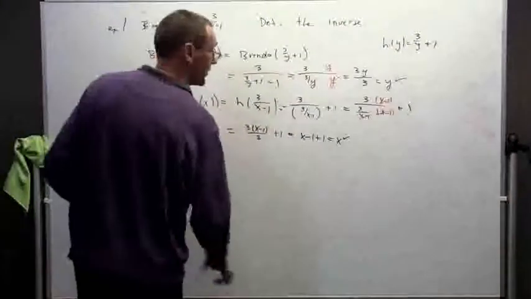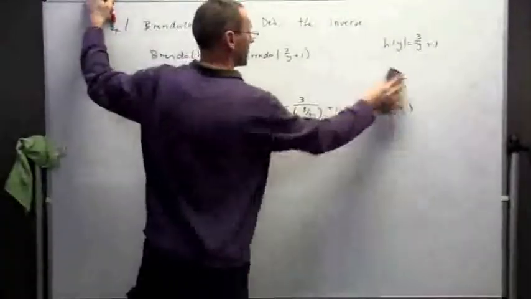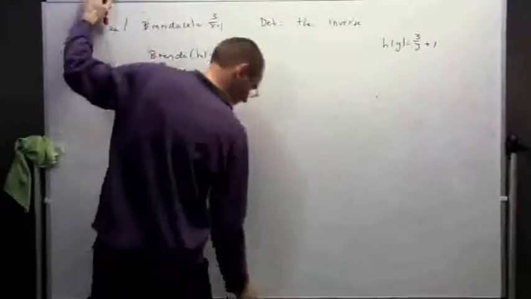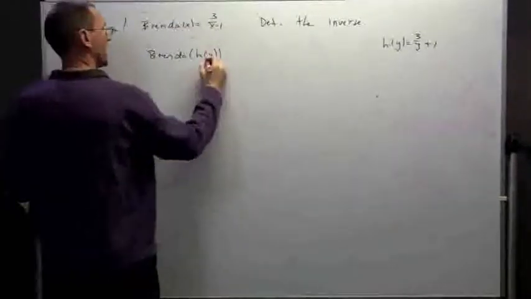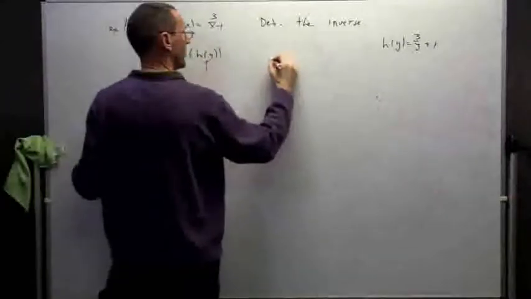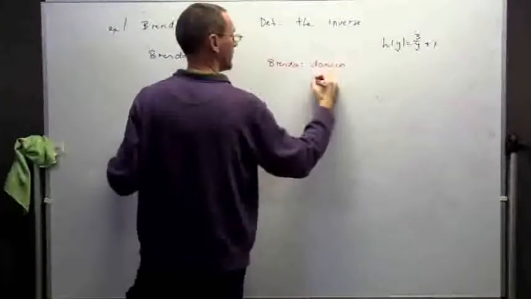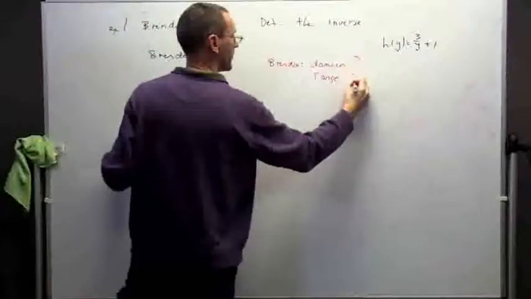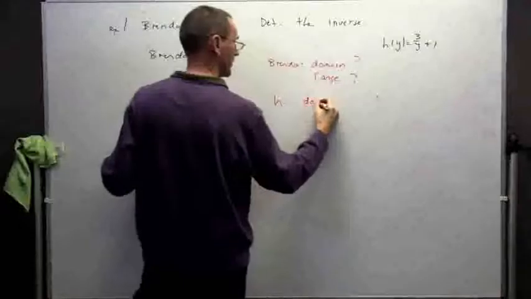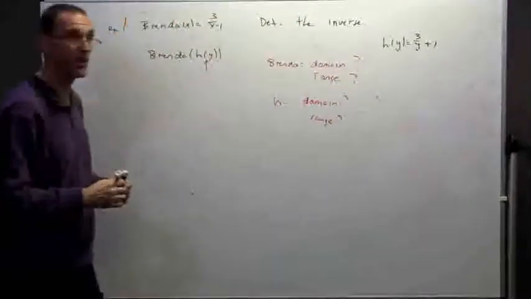All right. Now I'm going to leave it up to you to notice something. So this should be a nice homework problem. Notice whatever comes out of h has to go into Brenda. So in terms of the range and domain of this function and the range and domain of this function, they've got to somehow match up.